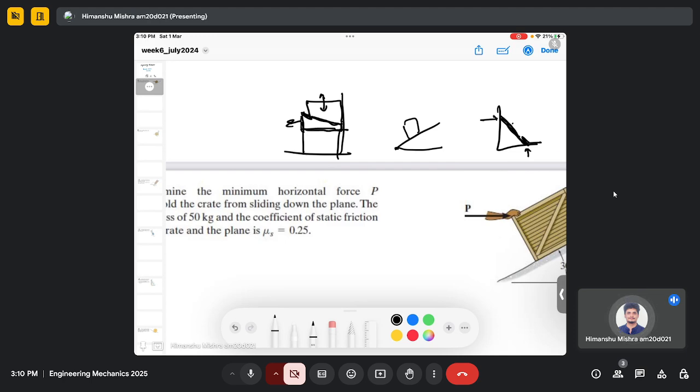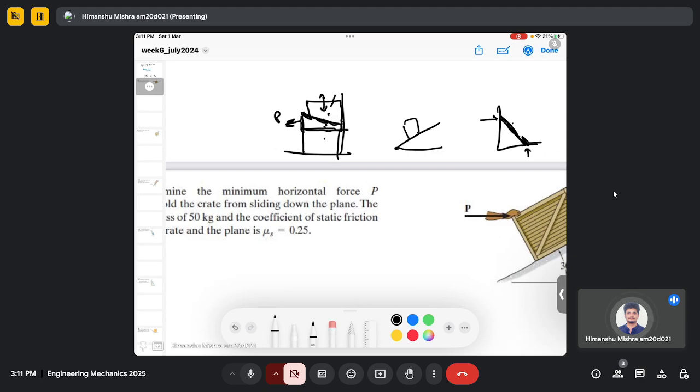Here you assume that at the contact between two crates there is a friction force, and using the equilibrium equation you try to calculate the external force required to pull or push this middle crate in order to make the upper block move either upward or downward.